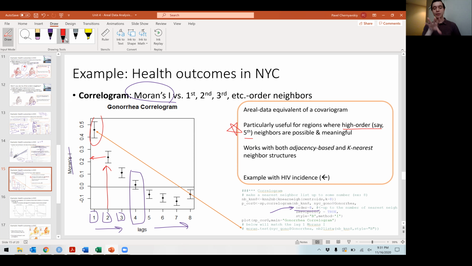So this is really useful for larger regions, where we can pick out that it takes up to 4 orders of neighbor structure for us to stop sharing information about gonorrhea incidents.